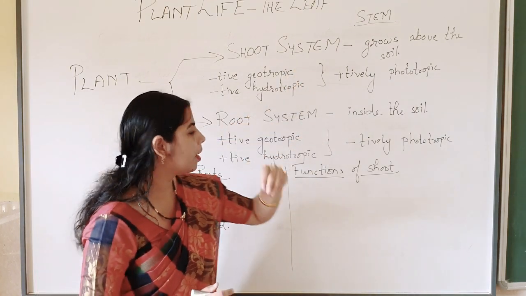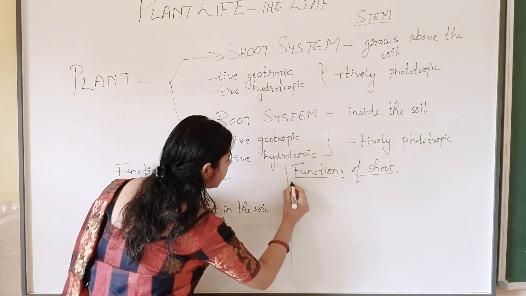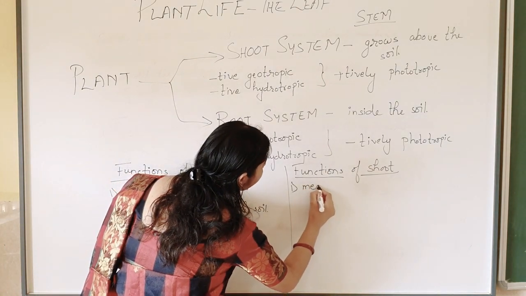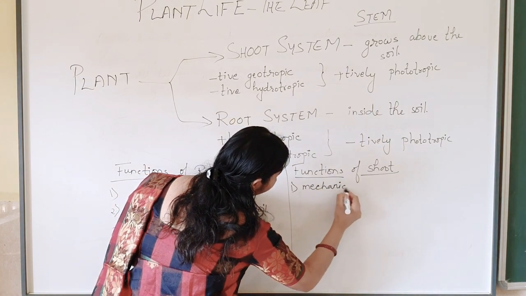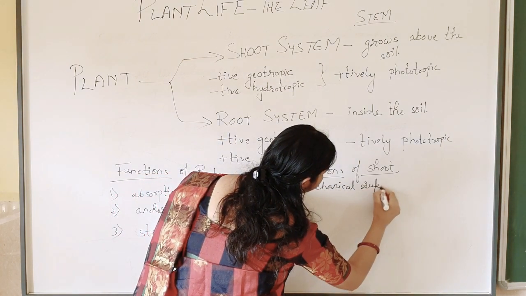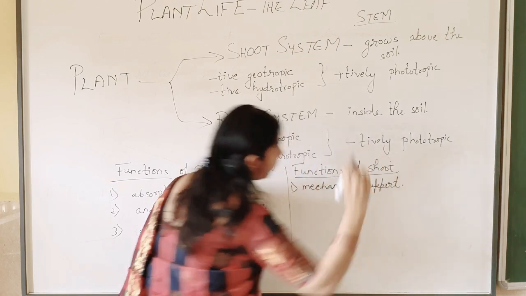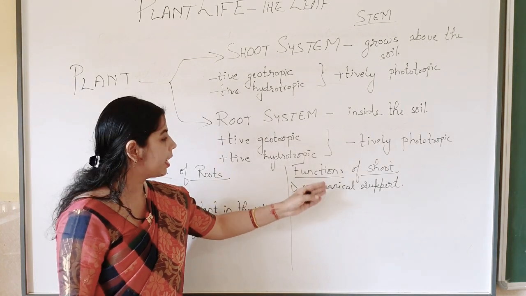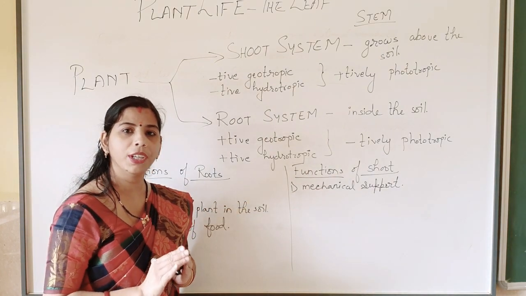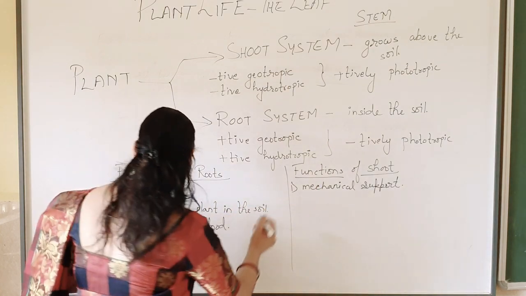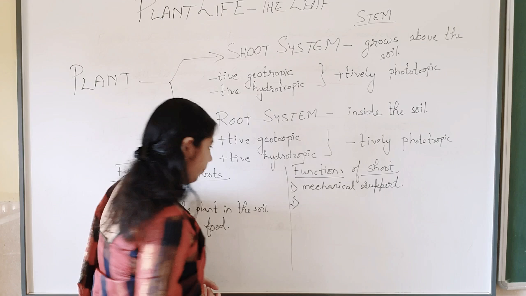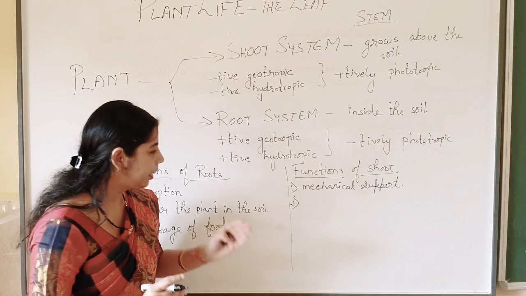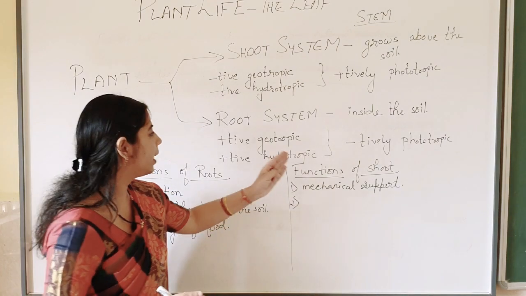Now whatever functions are performed by the shoot system, first, it provides mechanical support. Why does it provide mechanical support? Because the stem holds the various parts of the plant, so it is necessary to provide mechanical support. Second, whatever absorption is performed by the root, that is completed by the shoot.